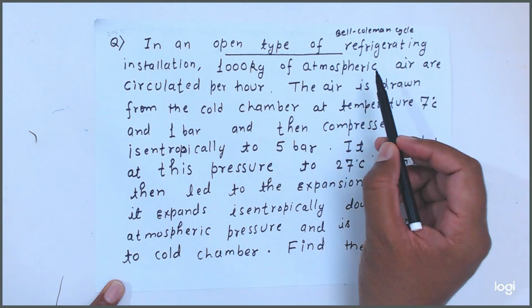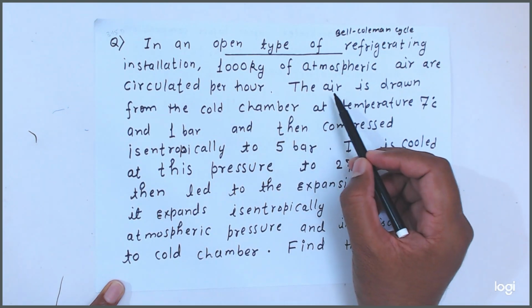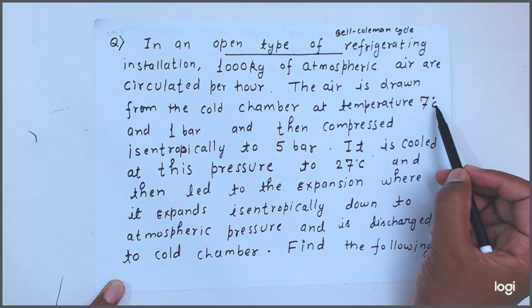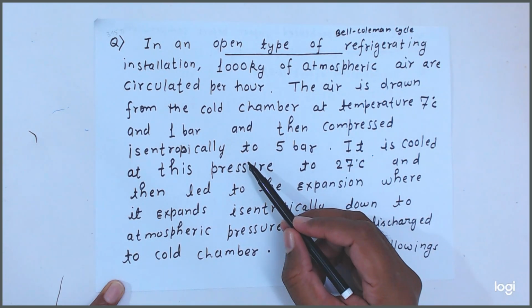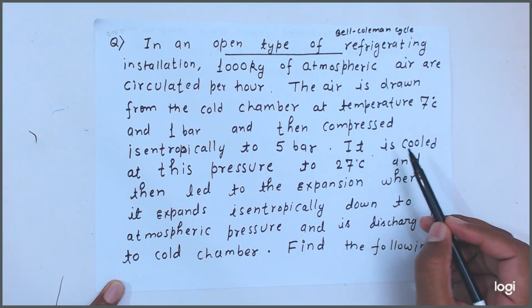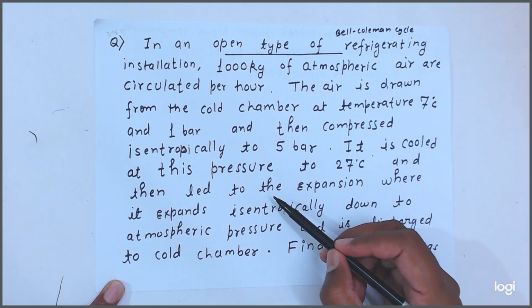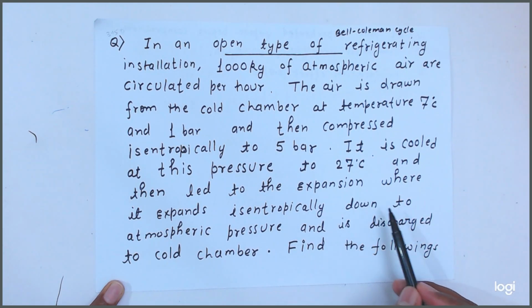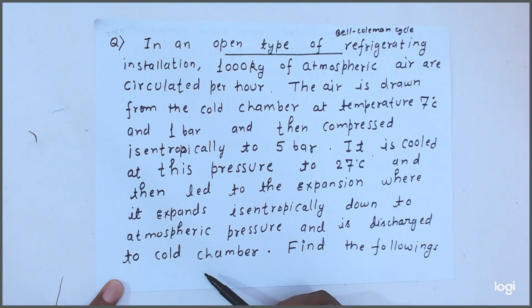1000 kg of atmospheric air are circulated per hour. The air is drawn from the cold chamber at temperature 7 degrees centigrade and 1 bar, and then compressed isentropically to 5 bar. It is cooled at this pressure to 27 degrees centigrade and then led to the expander where it expands isentropically down to atmospheric pressure and is discharged to the cold chamber.